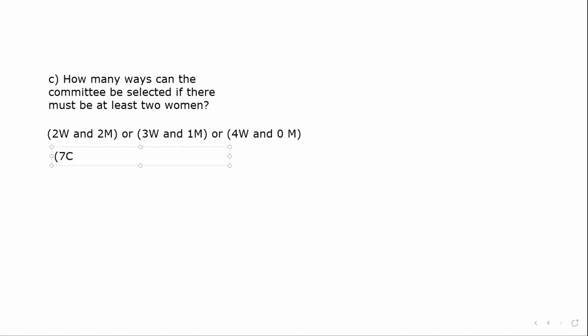7 choose 2, and means times, so times 5 choose 2. We have that already. Now, or means plus, so I'm going to add plus. And here I have to choose from the women.